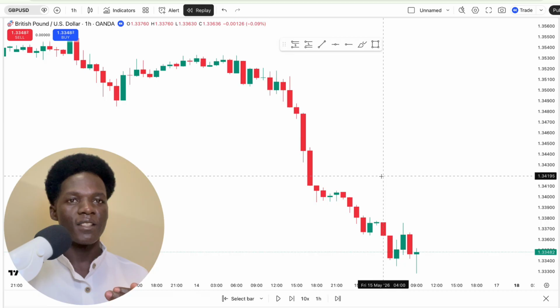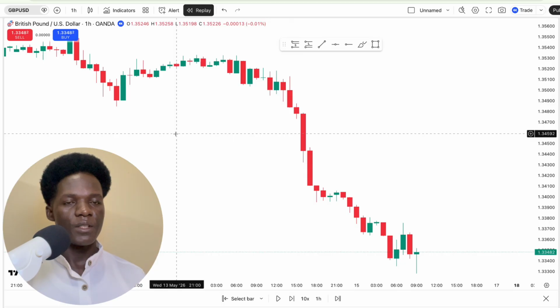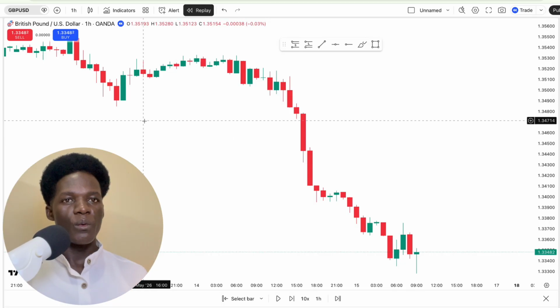After identifying the trend direction on the higher time frame, then you scale down to the 15 minutes time frame to do what? To spot your entry. Now let us go down to the 15 minutes time frame to spot our entry.